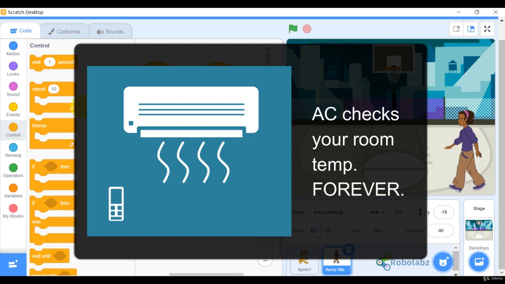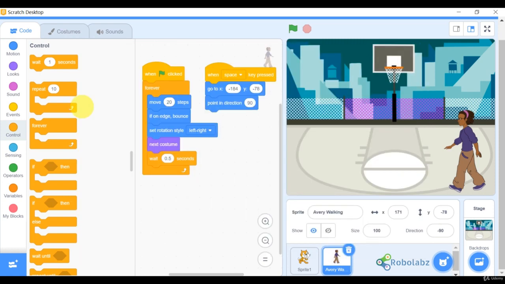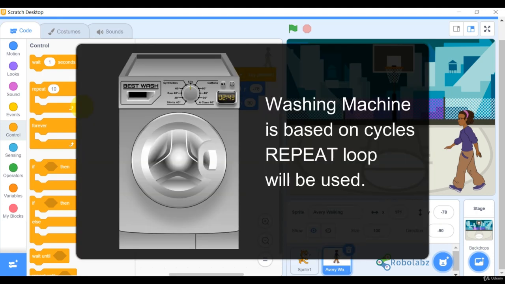So most of the devices that are designed operate forever. There are certain applications which have only specific repetitions. For example, a washing machine. When you put in clothes and select a cycle, it might happen that the cycle will have only 2 sub-cycles, like only 2 times the water will fill.